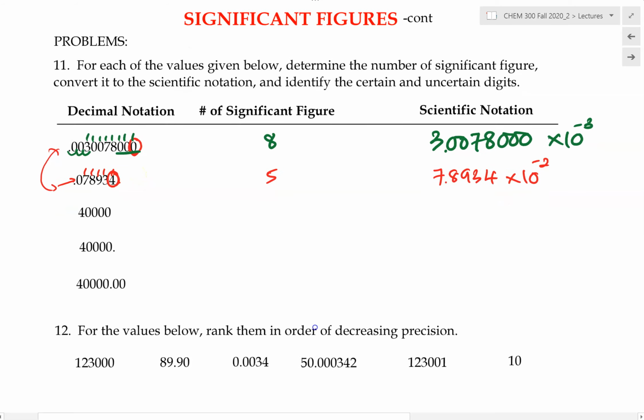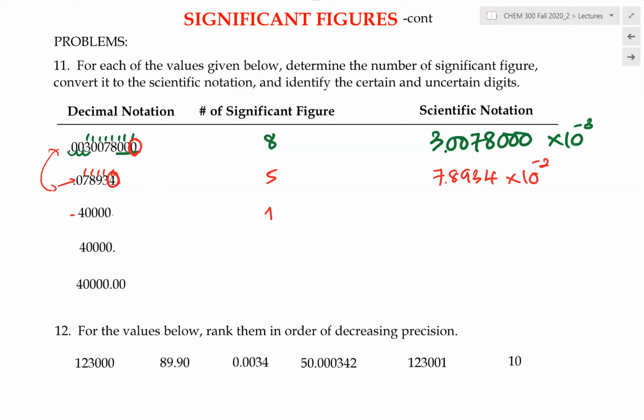Okay. And I'm moving on to this next example, 40,000. So in this case right here, how many significant figures does it have? And the answer would be 1. Now, in some textbooks, this value right here is referred to as an ambiguous value. And what that means is that the value is not clear, and it's not clear because there's a lot of uncertainty in it.